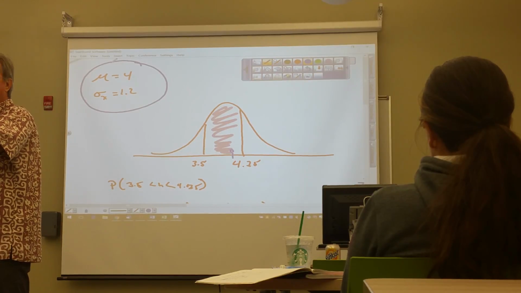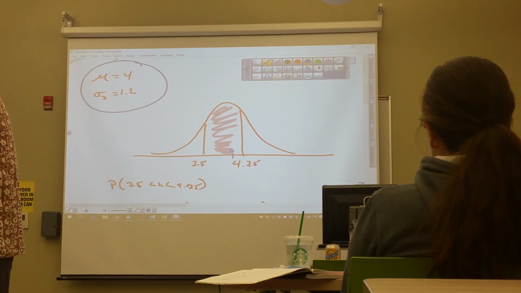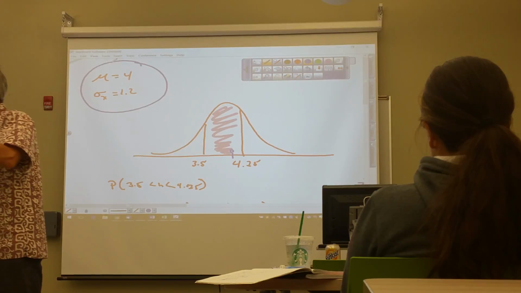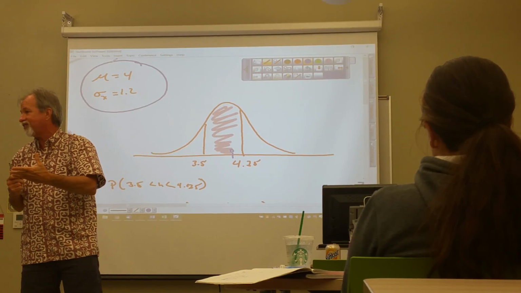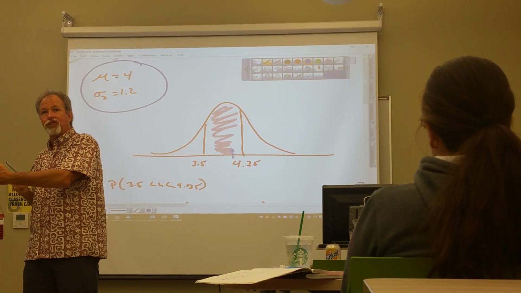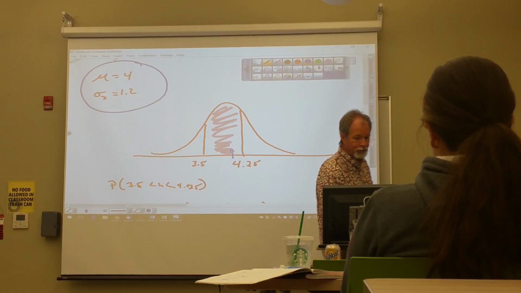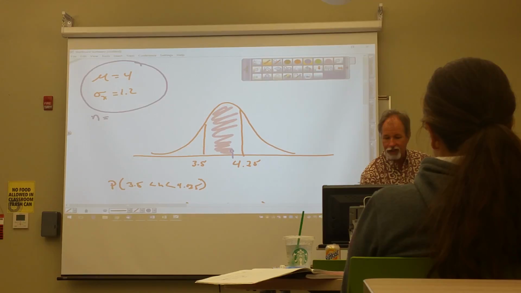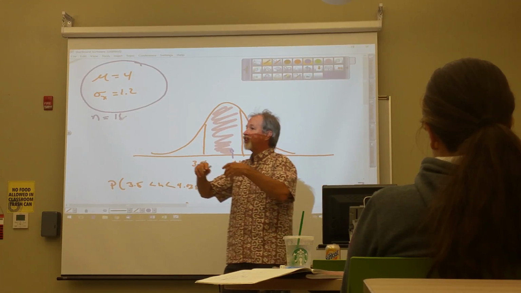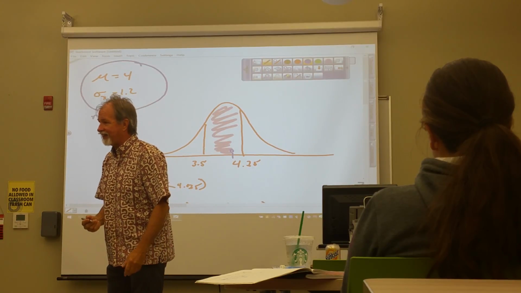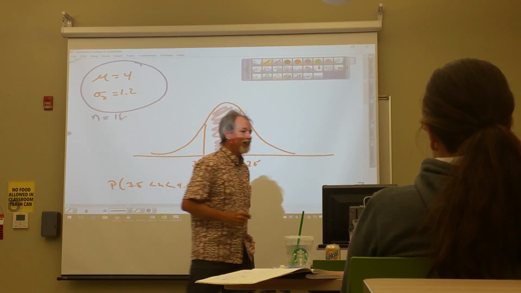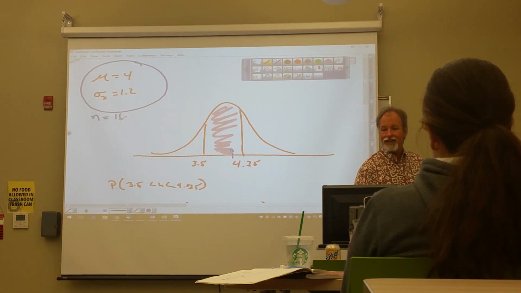It said historical data told us that the mean was 4 and the standard deviation was 1.2. But now we are looking at a sample of 16, right? So we're looking at sample data.